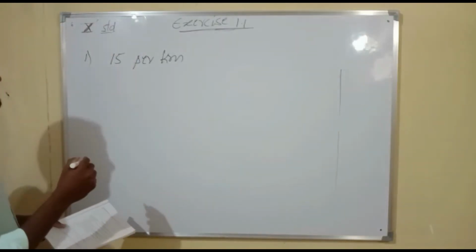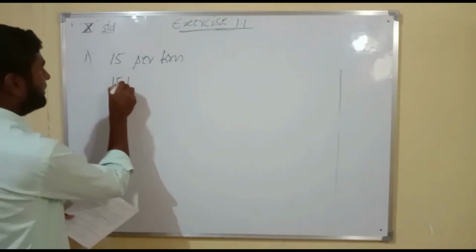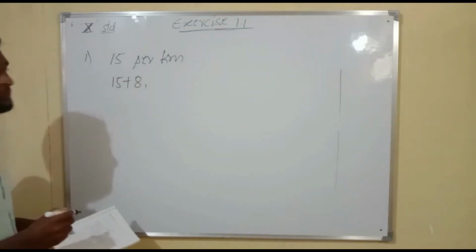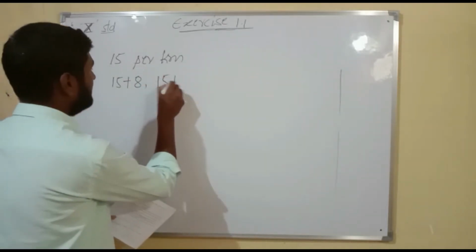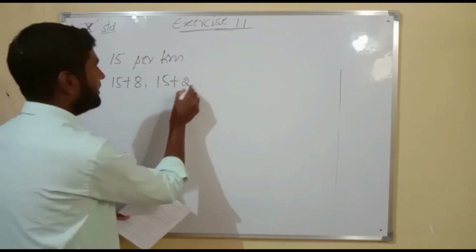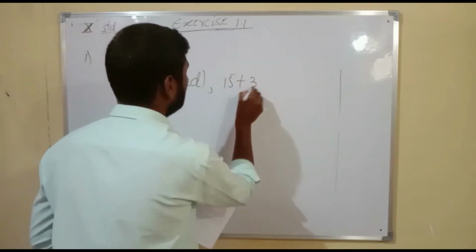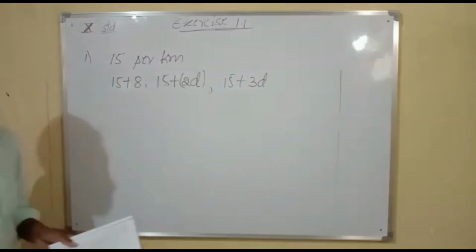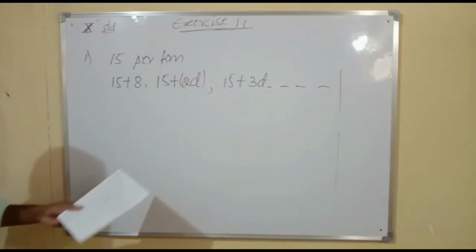For the second kilometer it will be 15 plus 8. For the next one it is 15 plus 8 plus 8, which we write as 15 plus 2D, then 15 plus 3D. Like that we keep on adding. This is the sequence we will get.